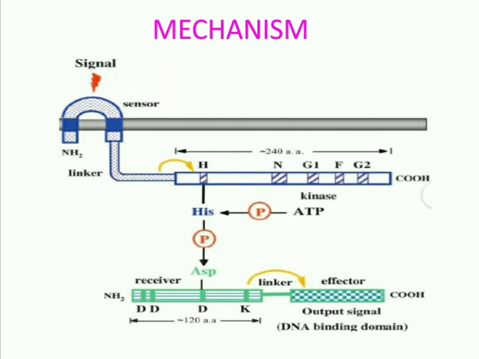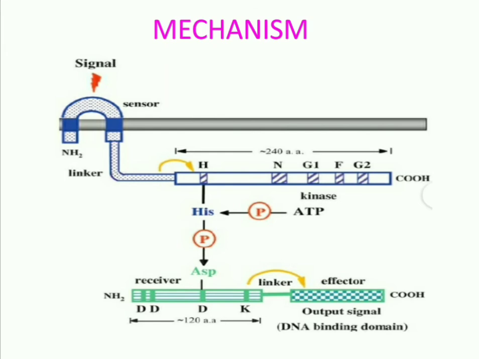After detecting the particular change in the extracellular environment, the HK performs an autophosphorylation reaction, transferring the phosphoryl group from adenosine triphosphate, that is ATP, to a specific histidine residue.